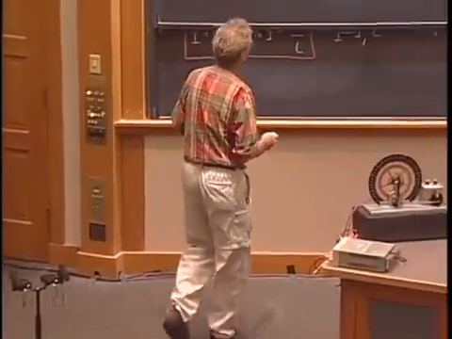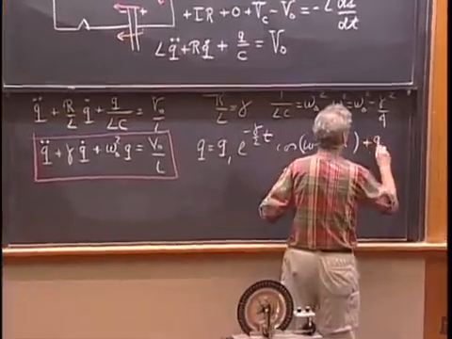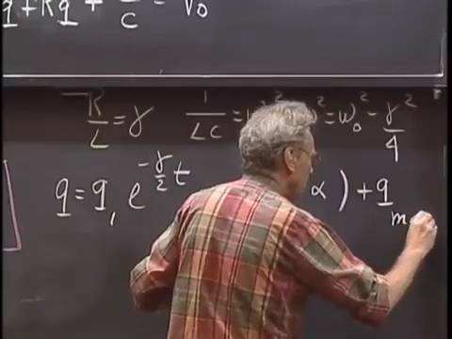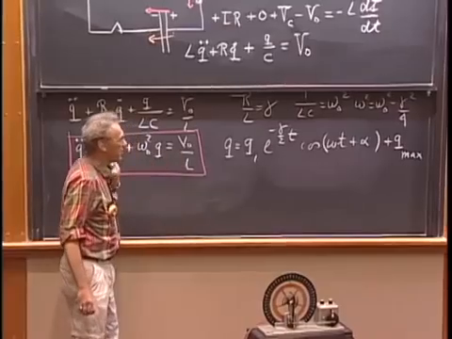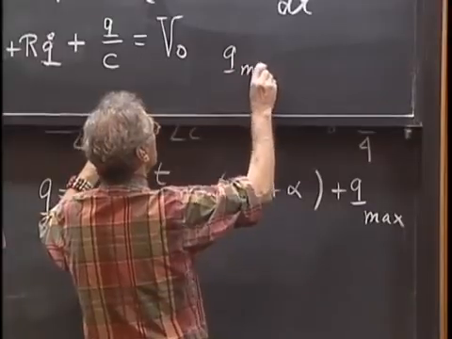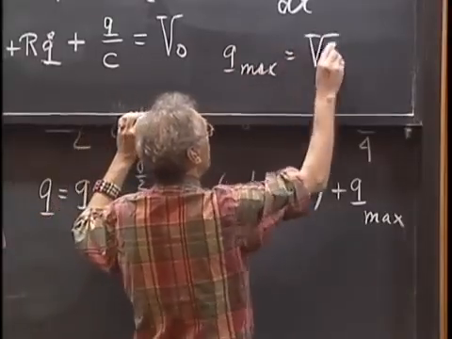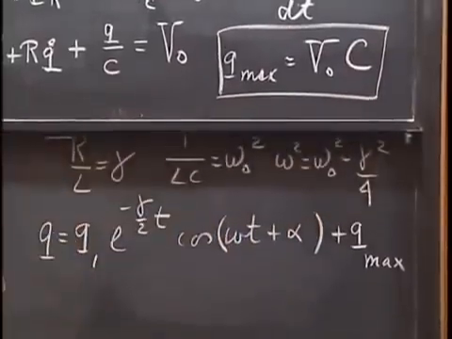And so clearly, if you add here this charge on that capacitor, then you must be okay. That must take into account that it is not zero. And this Qmax is simply V0 times C, which means the capacitor is fully charged.